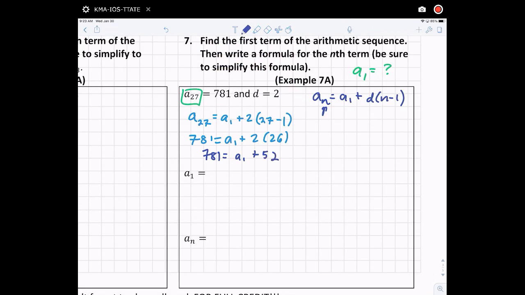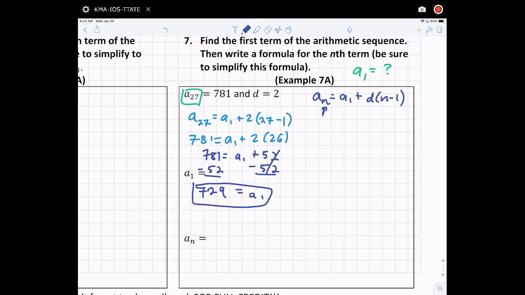Then I need to subtract 52 from both sides. What is 781 minus 52? 729. Okay, so that's my a sub 1.